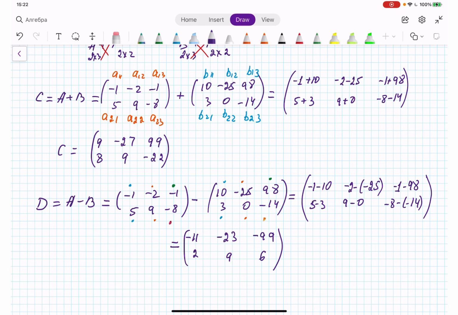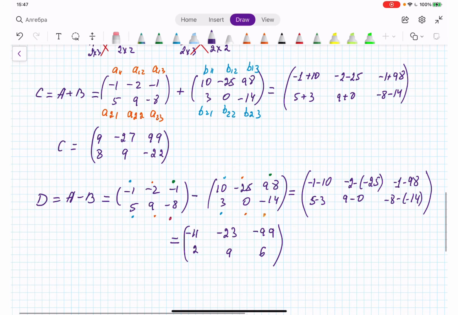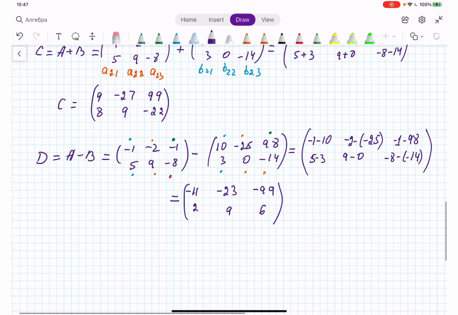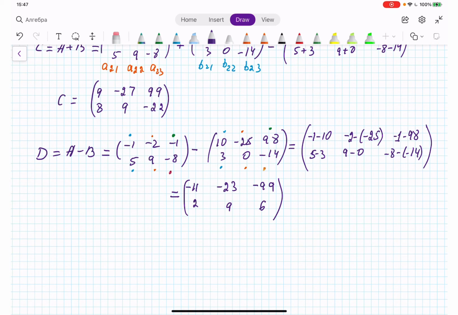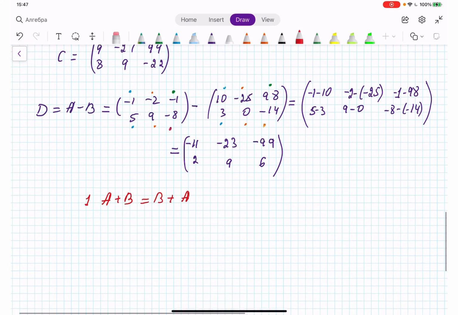Okay, this is subtraction. And let's close the topic of addition subtraction by writing down the matrix addition properties. Property number 1. A plus B is equal B plus A. Commutative property.